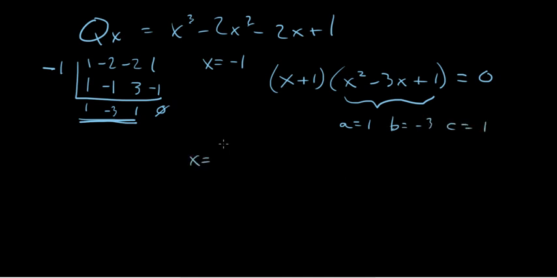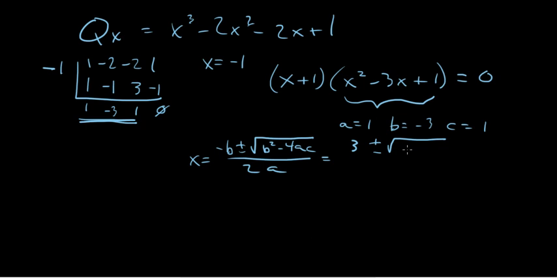So x equals negative b plus or minus the square root of b squared minus 4ac all over 2a equals negative b, which is a positive 3 because b is negative 3, plus or minus the square root of 9 minus 4, since a and c are both 1, all over 2 times 1, which is 2. Simplified, we have 3 plus or minus the square root of 5 all over 2.